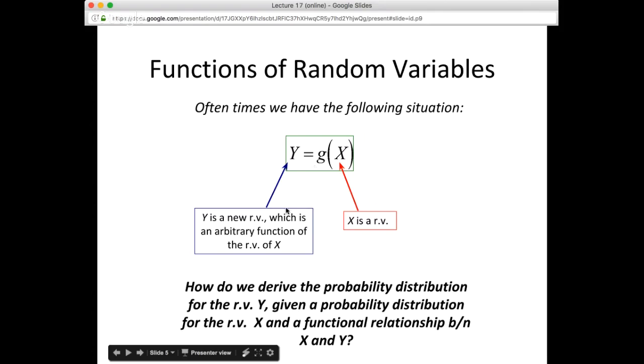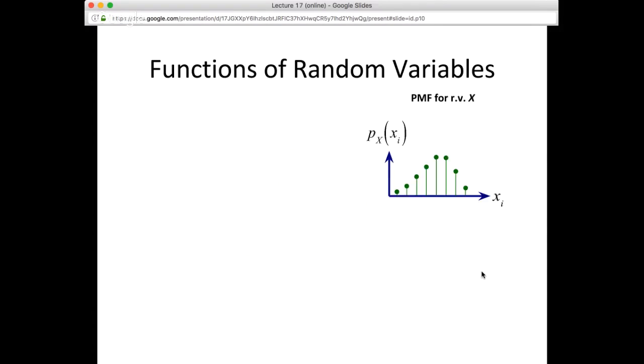And so really the question that we're trying to answer is, how do we derive the probability distribution for the random variable y, given a probability distribution for the random variable x and a functional relationship between the random variables x and y? That may seem kind of hypothetical and theoretical, but in fact, there's a lot of really cool problems that this theory enables you to address, as you'll see in a bit.